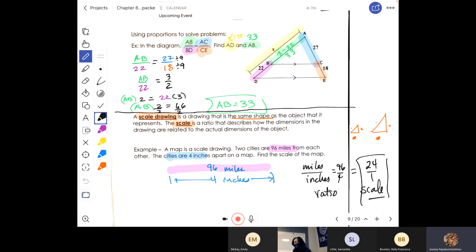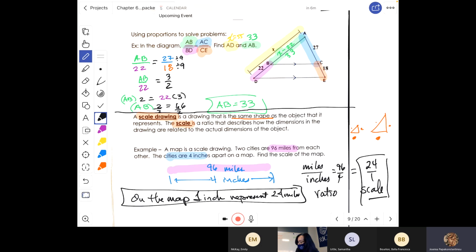And this would be referred to as the scale. So for every inch on the map, it represents 24 miles. So on the map, 1 inch represents 24 miles. Does that make sense? Kind of neat.